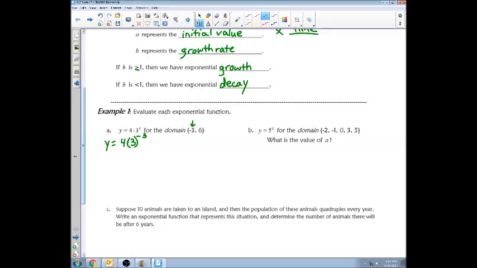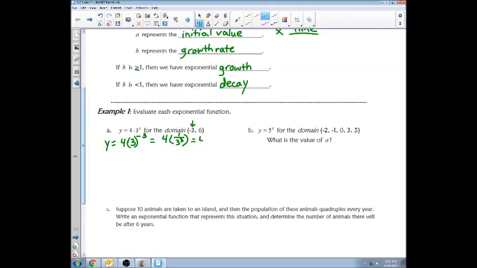Now, from our exponent unit that we just finished, if I have a negative exponent, I'm going to have 4 times 1 over 3 to the third. Since it was a negative exponent, I had to move it down through my fraction bar. It gets rid of the negative for us.